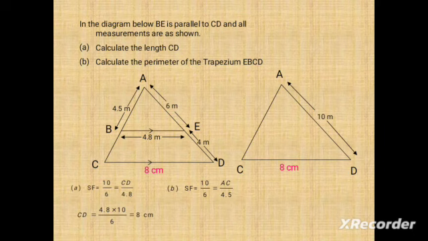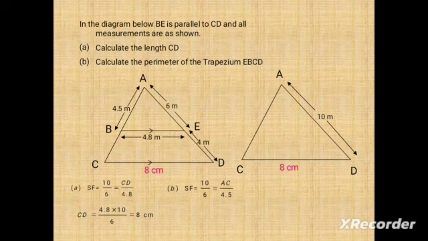Now, turning to part B, we will use the same scale factor, that is 10/6. You can as well simplify it. So 10/6 is equated to another set of corresponding sides, and that is AC and 4.5. Because we want to calculate the perimeter, we need to have the length BC, so that we add all the sides.